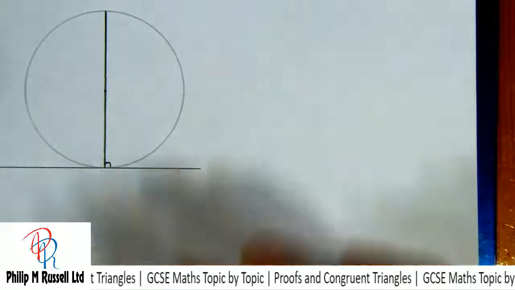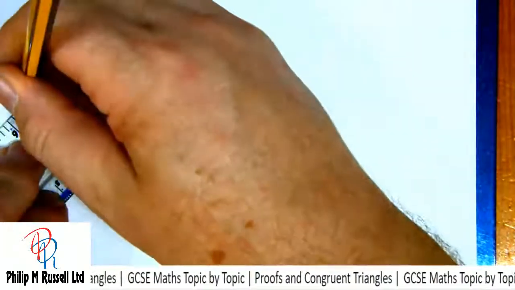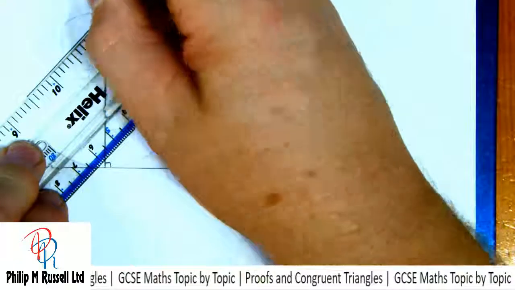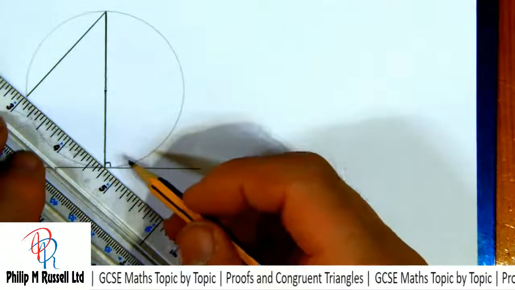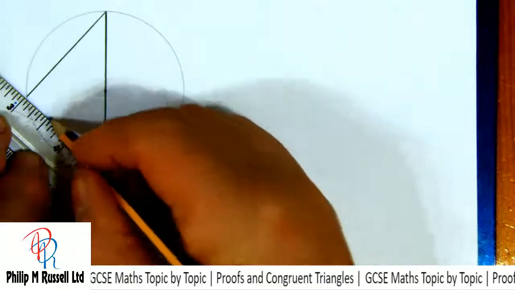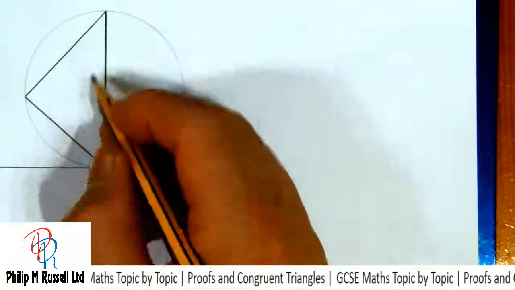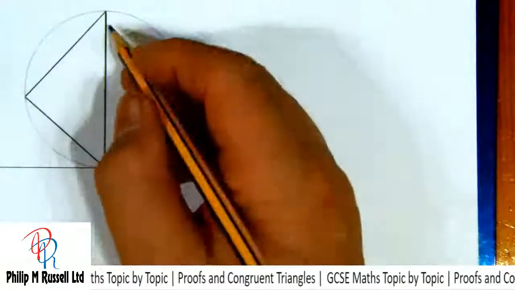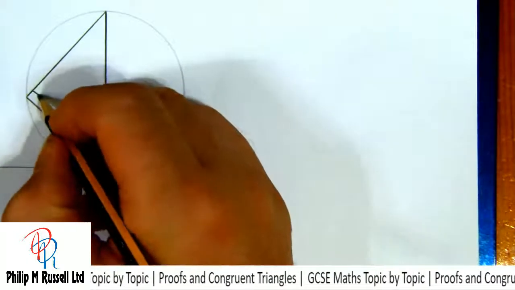So let's see what we can try and work out. Well, let's draw in this triangle. This is the triangle I've just drawn, and I've cheated. I've made it a diameter, and if I've made it a diameter, then we know that this angle here is going to be 90 degrees.